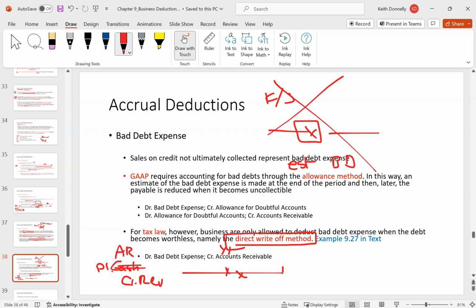We don't, at the end of the period, estimate how much of these we think the guys aren't going to pay us. Instead, we only take the bad debt expense if and only if and when the guy unequivocally conveys to us, hey, we're not paying that. It's like, imagine you were a bookie or something, and you had all these people who owed you money. You don't actually, for tax purposes, get to have that bad debt expense unless and until the guy's like, look, I'm not paying you.